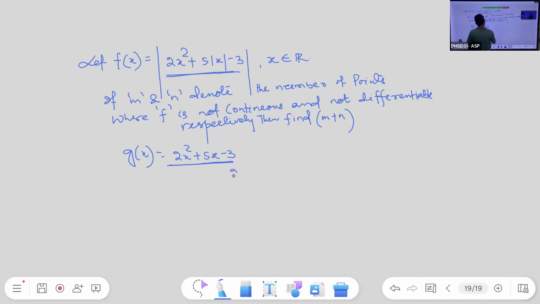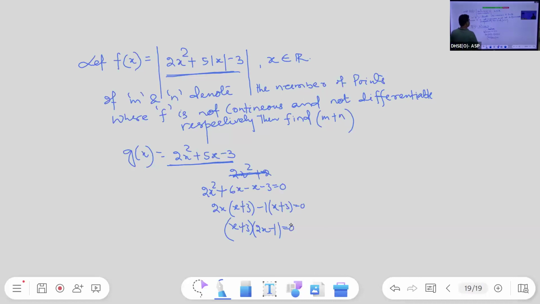So this can be 2x square plus, sorry, 5 mod x. Setting it to zero, x plus 3 into 2x minus 1 is equal to 0.